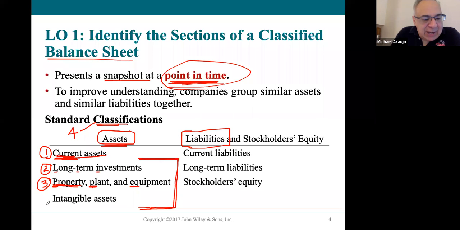The last classification of asset is getting more and more important over time. An intangible asset doesn't have a physical quality like a piece of equipment. You can touch a piece of equipment, or a building. But you cannot touch a patent.